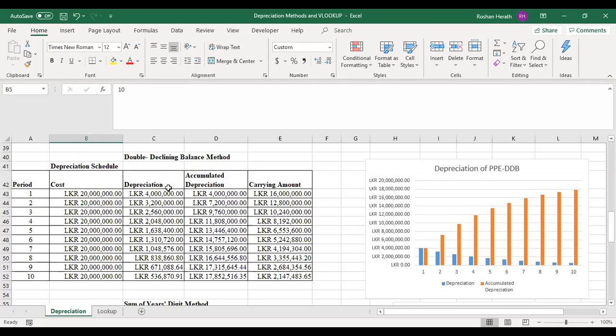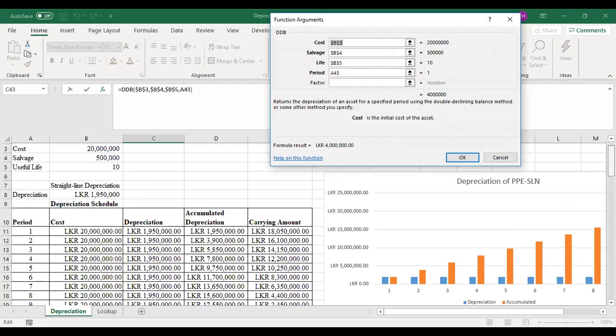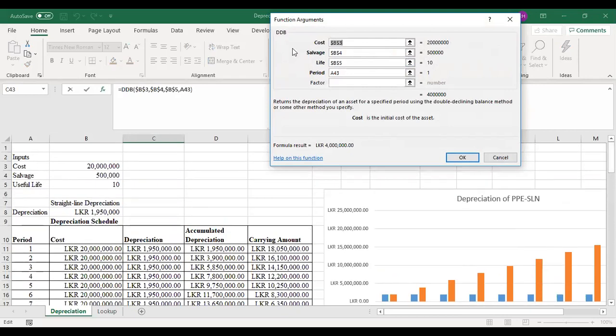Your cost is given, the depreciation, accumulated depreciation and the carrying amount. If I go to this formula, some of the familiar information is there: the cost, the salvage value, then the life and the period. All these four pieces of information you are quite used to. The only new information is going to be this factor.